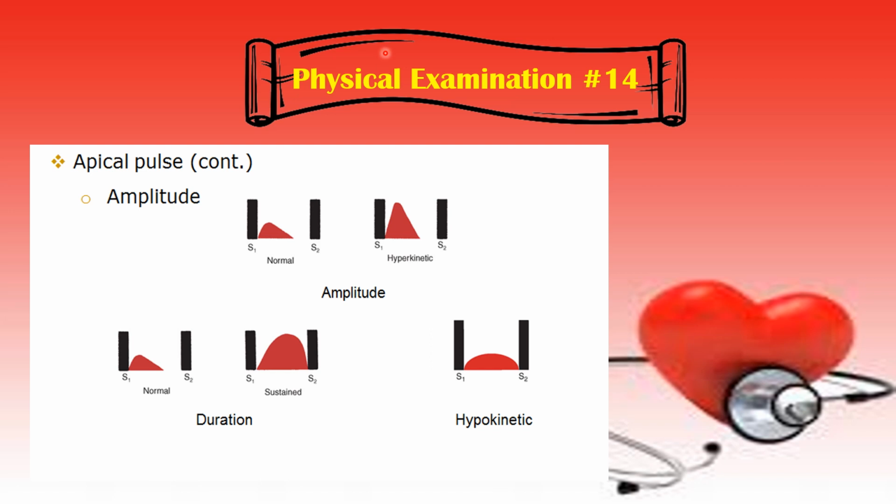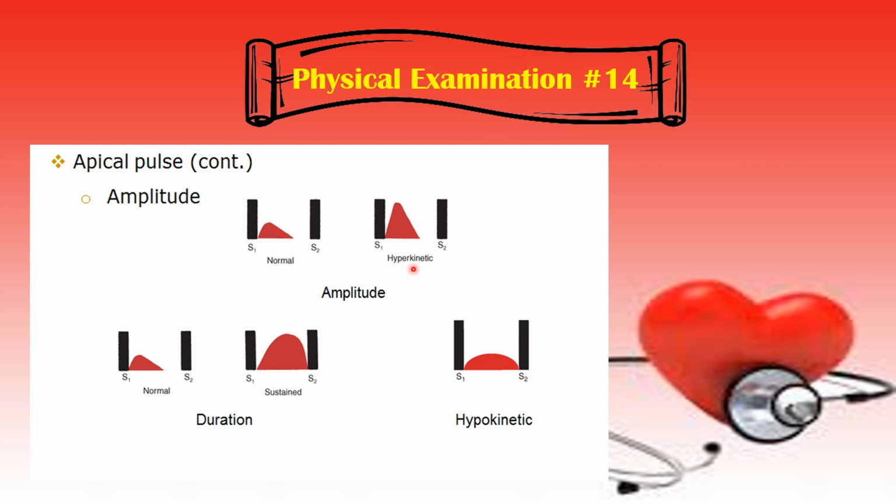Now proceeding with the amplitude, you have to estimate the amplitude of the impulse. It is usually small and feels brisk and tapping. Some young adults have an increased amplitude, or hyperkinetic impulse, especially when they are excited or during or after exercise.